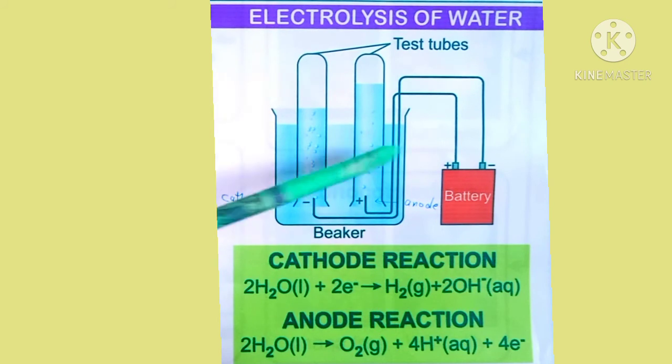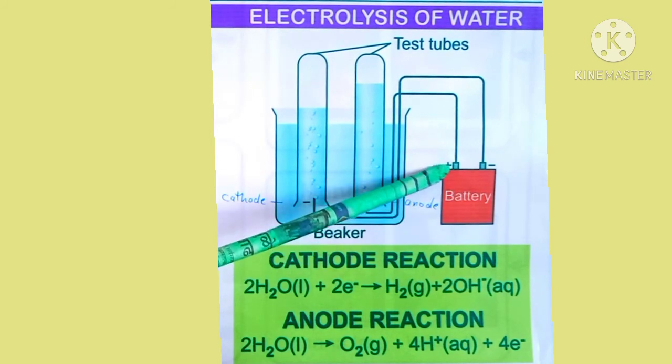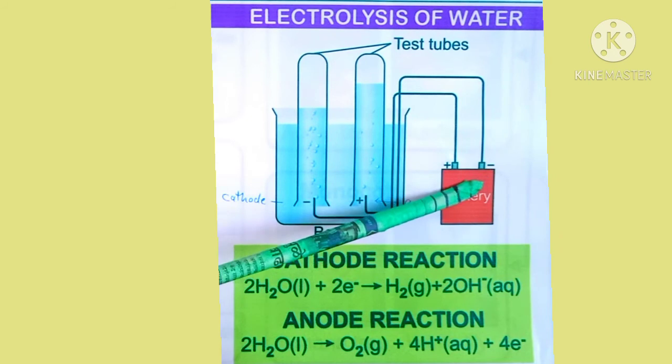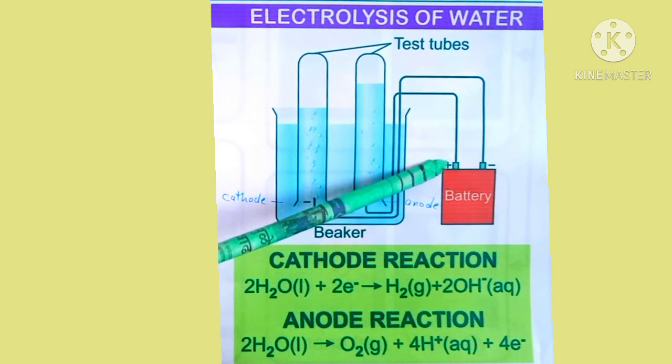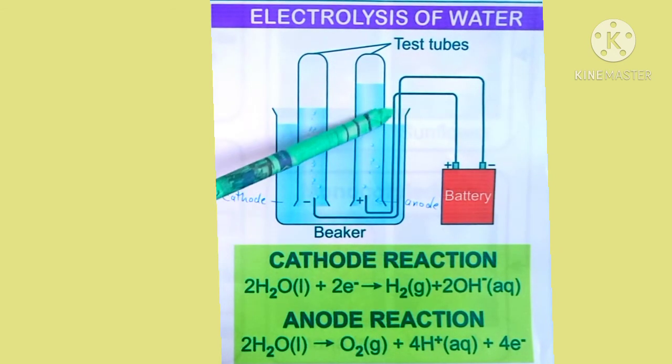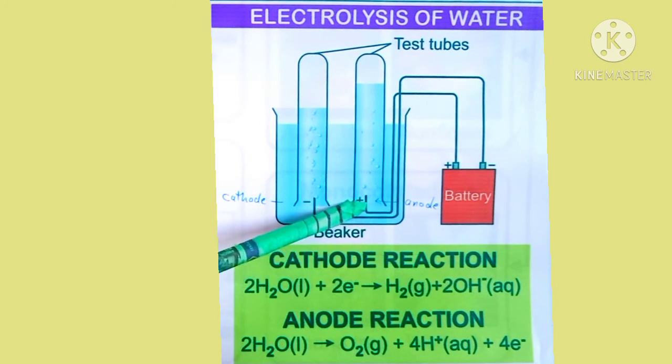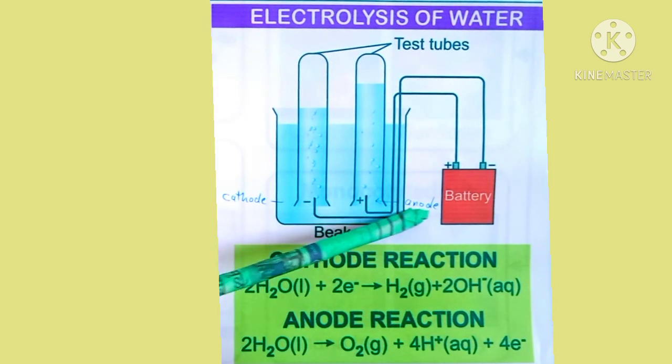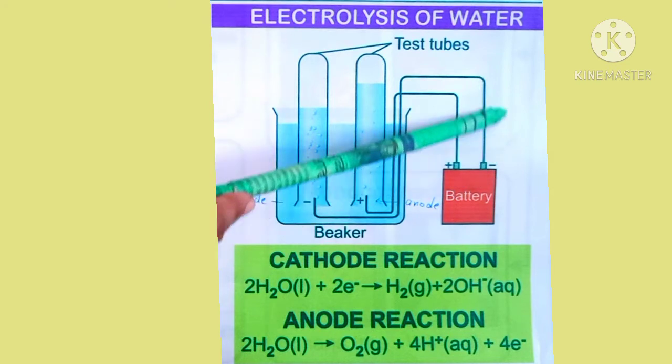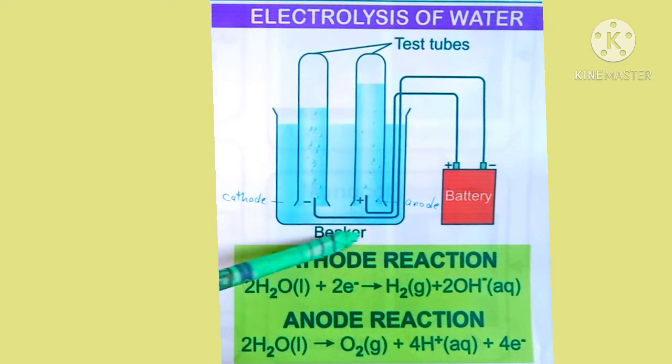Here first we'll see the battery. The battery has a positive terminal and a negative terminal. Observe carefully, this positive wire is connected here, so this is known as anode. This negative terminal is connected here, so this is known as cathode.